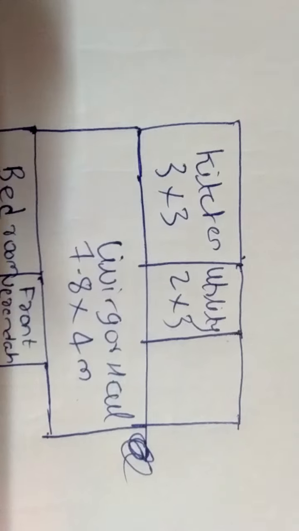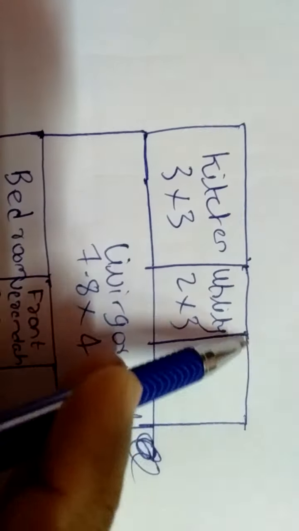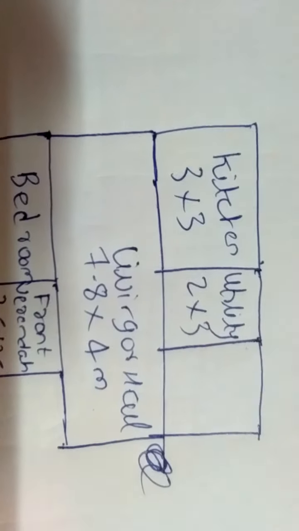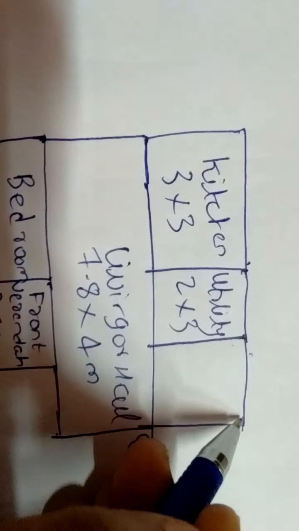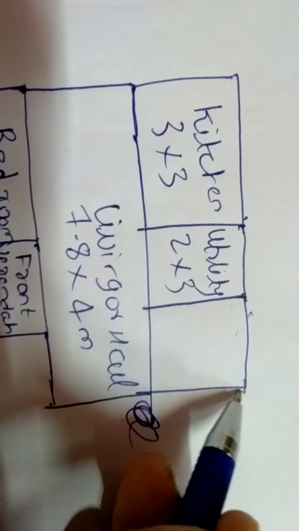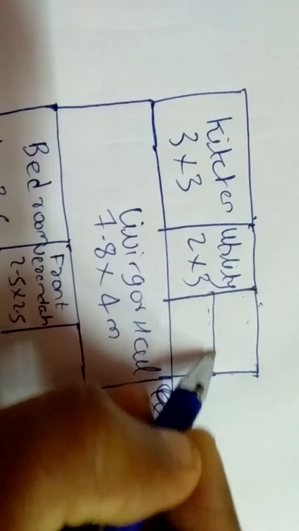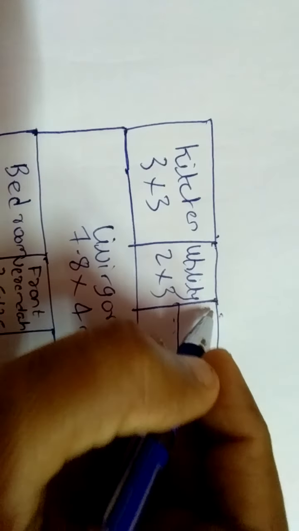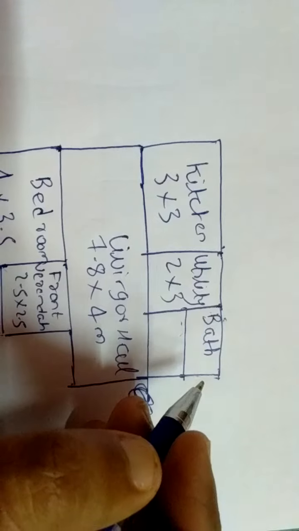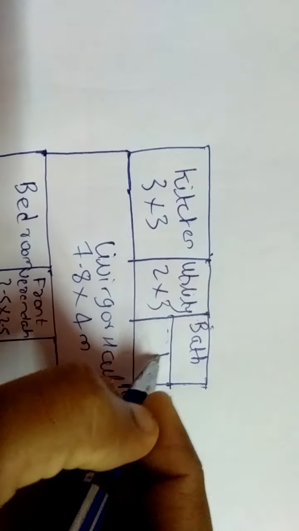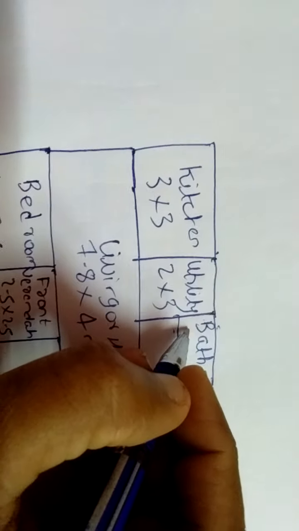Then coming here, the bathroom and water closet. Let us take horizontally how much this will be. That is 2.8 meter horizontally. For the bathroom, 2.8 by 1.7. So this is 2.8 and this will be 1.7, around somewhere here. This will be the bath, and here it will be the water closet, WC.